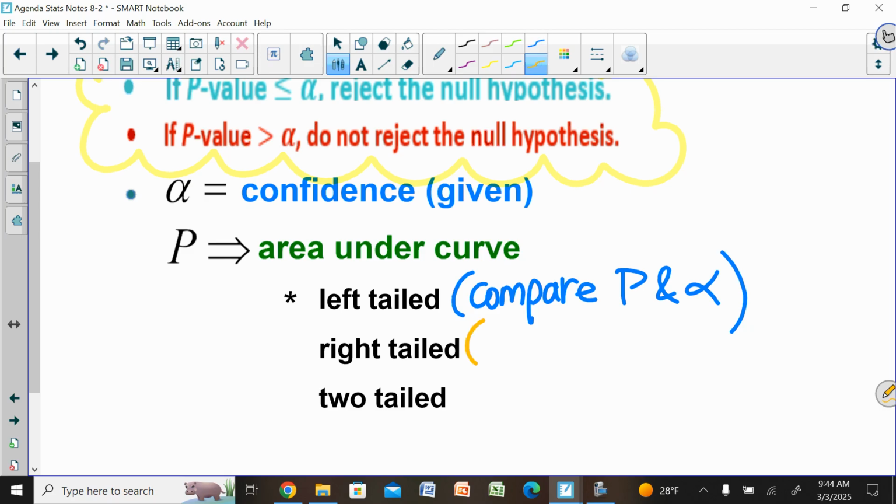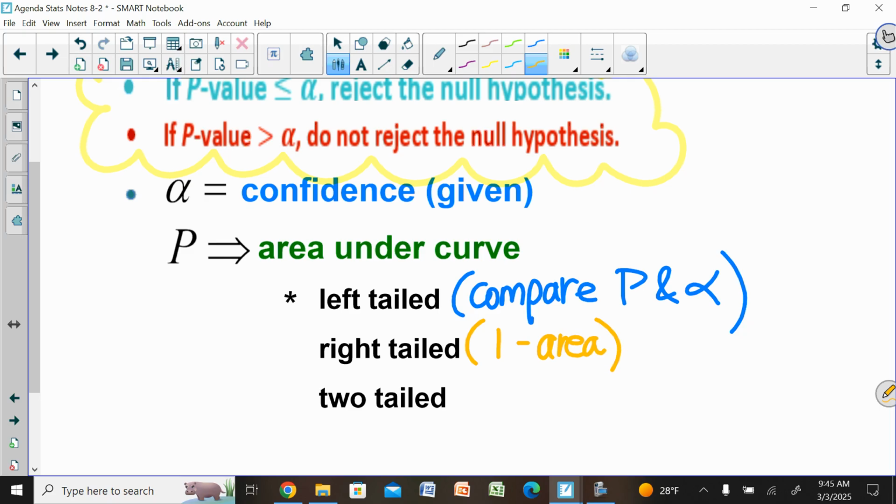If it's right-tailed, we have to, just like we did back in chapter 6 when we were talking about z-values, do 1 minus the area.